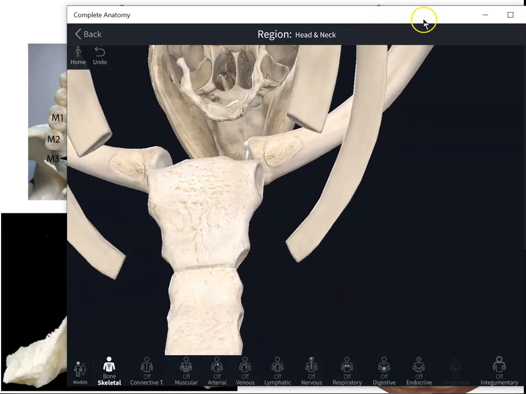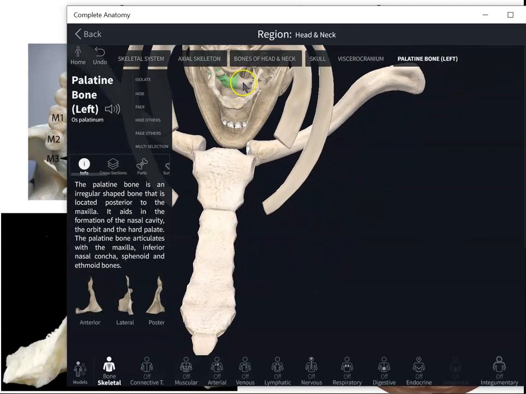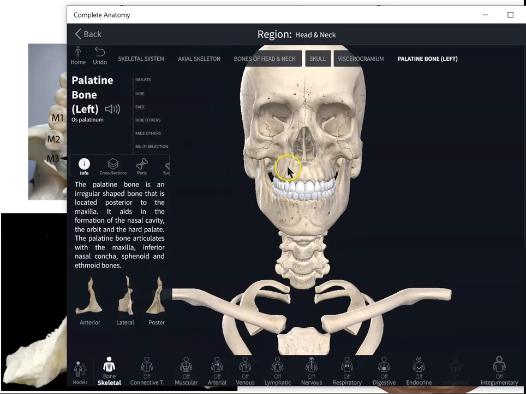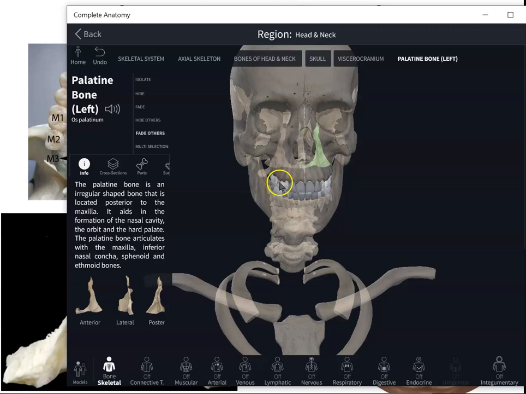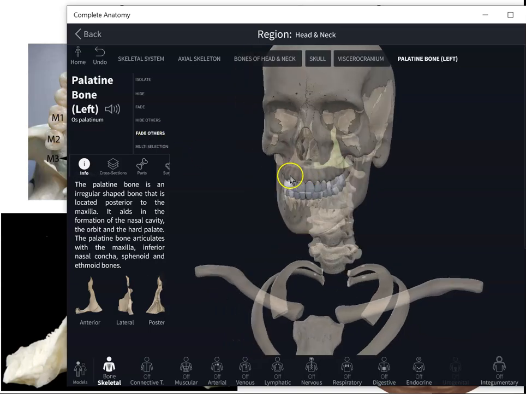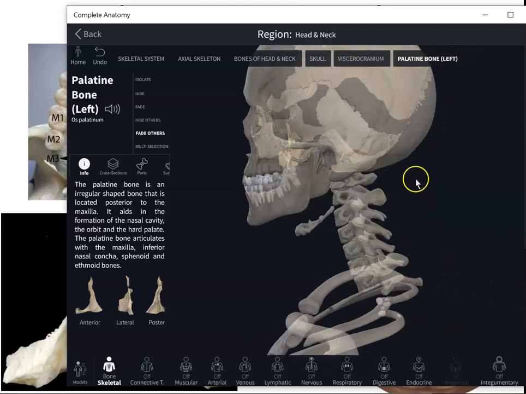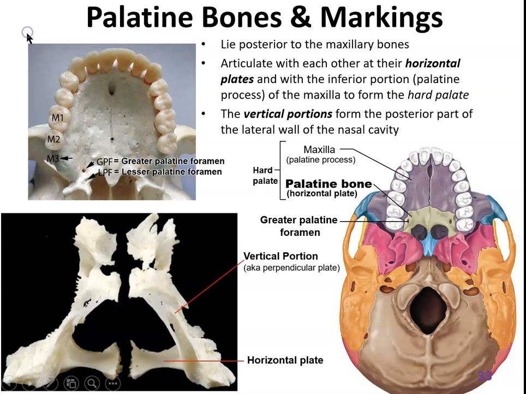And our palatine bone forms the posterior part of the palate, and it is a pair of bones. And where is it? So I highlighted it. Where is it? Well, if we fade everybody else, we can see this palatine bone and its shape. So there's a palatine bone.